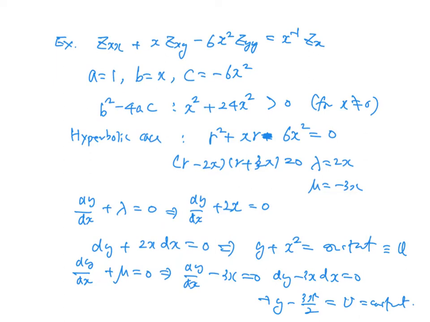So we found u and v. So we can set u is equal to y plus x squared, v is y minus 3x squared over 2.